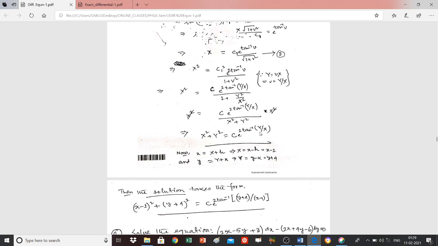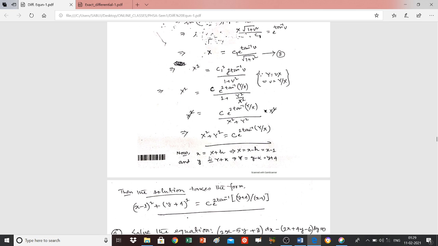And now the time has come to substitute the values of y and x in terms of small x and y, because you are here to solve for y and x. You substituted x as capital X plus h. So from here you can write capital X is equal to x minus h, and you know that h is equal to 1. You have computed it.